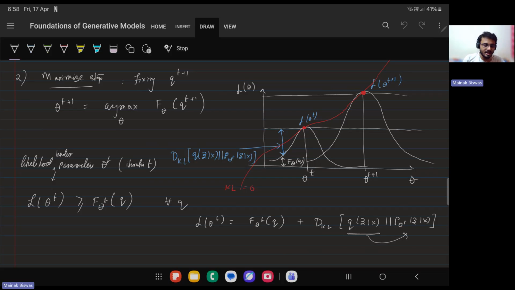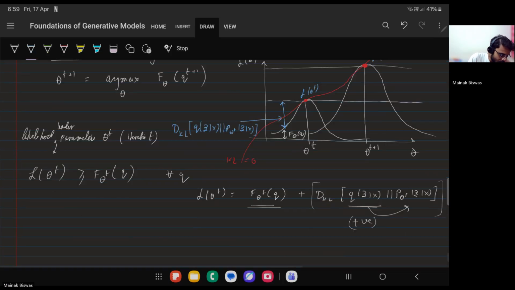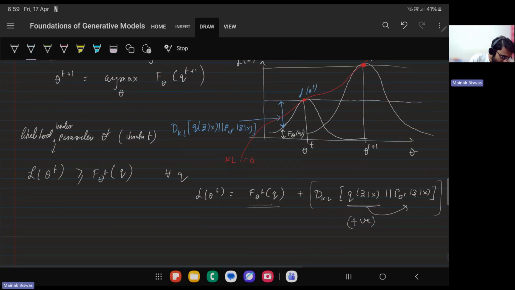So we can clearly see that F theta t of Q for all Qs is going to be lesser because you have a positive term that is added. This is positive. Therefore, clearly the right-hand side is going to be less than the left-hand side. So for all Q, this is going to be true.